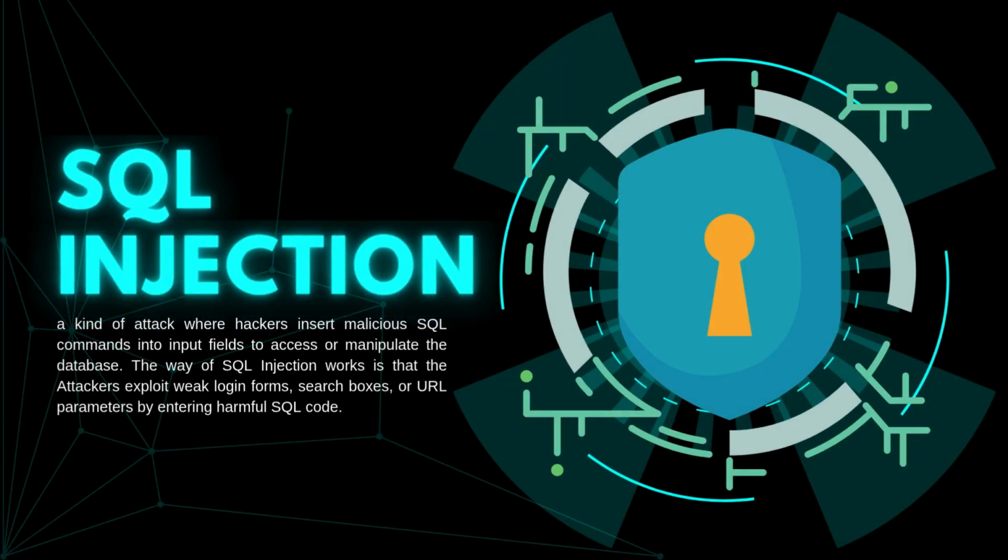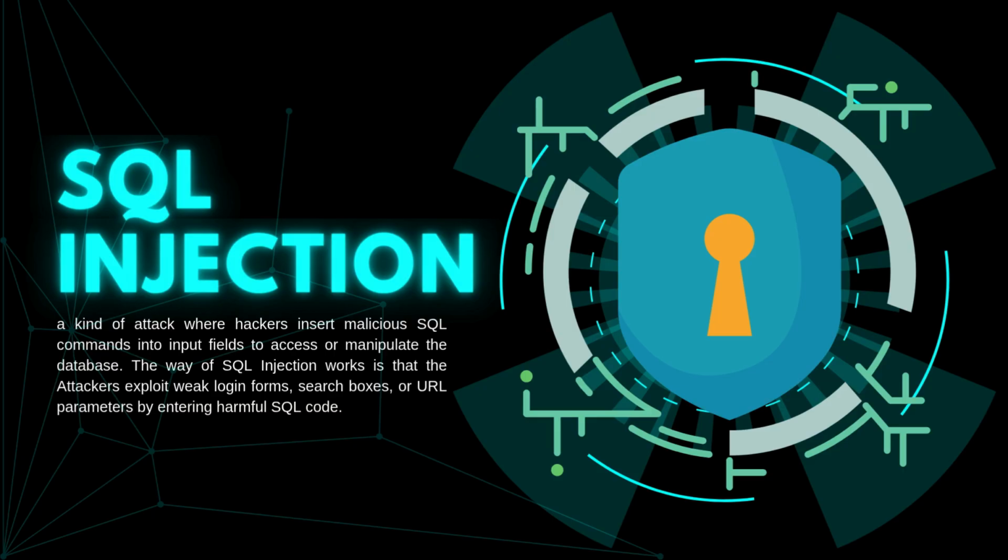Let's proceed to SQL injection. SQL injection is a kind of attack where hackers insert malicious SQL commands into input fields to access or manipulate the database itself. How does SQL injection work?